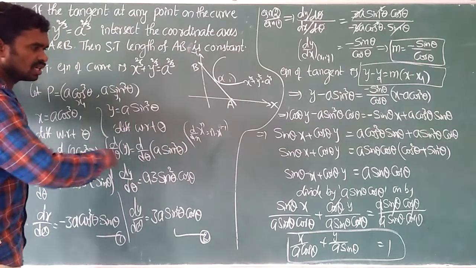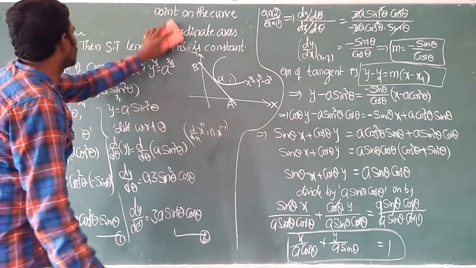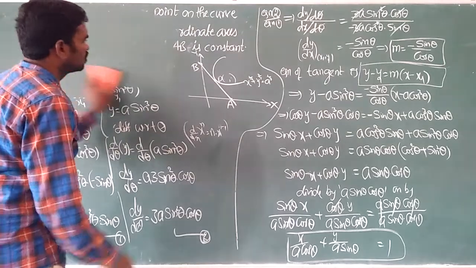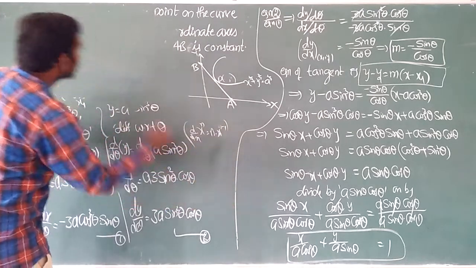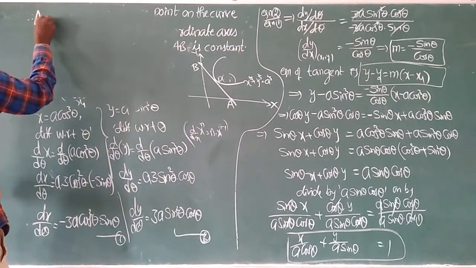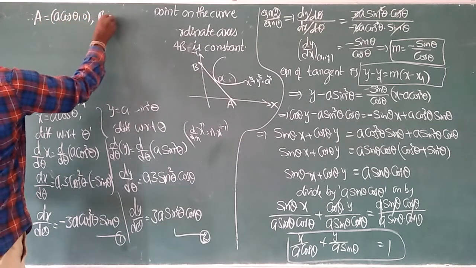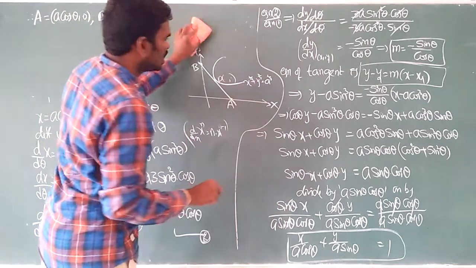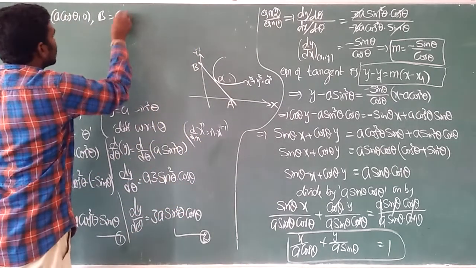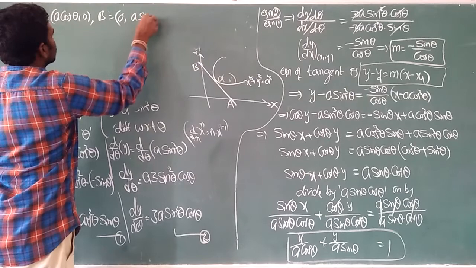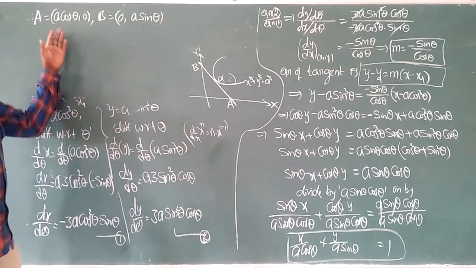Can I remove the question? Something is there next. Of course, almost we have reached it. Now we can say what A is. So therefore, A is equal to A cos theta comma 0 and B equal, tell me, 0 comma A sin theta. Is it clear? Why am I writing A cos theta comma 0?